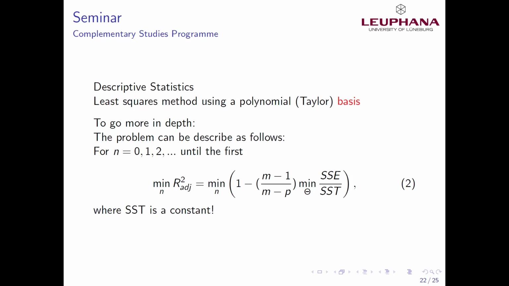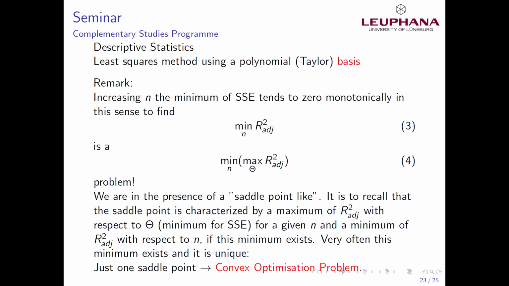These two minima basically represent the minimum of the deterministic error, SSE, and the minimum of the stochastic one. This means we try to minimize both errors. But this corresponds to a minimax problem.